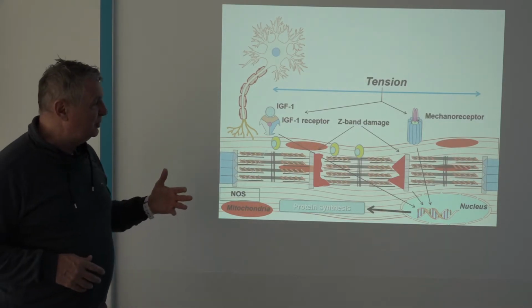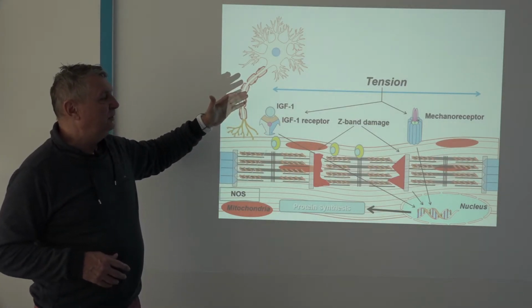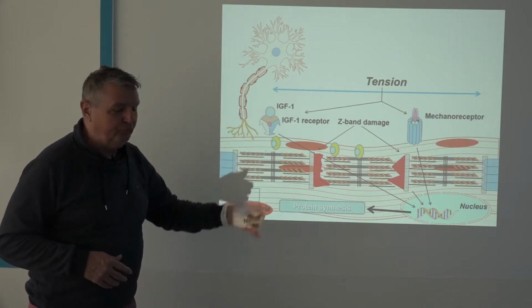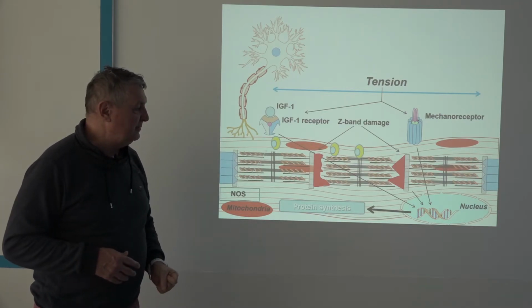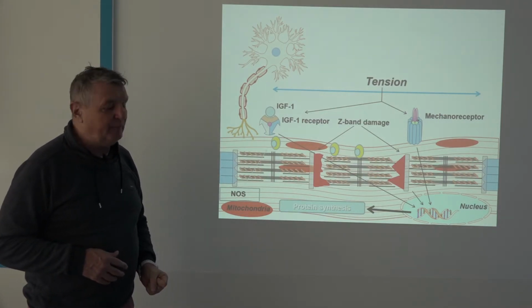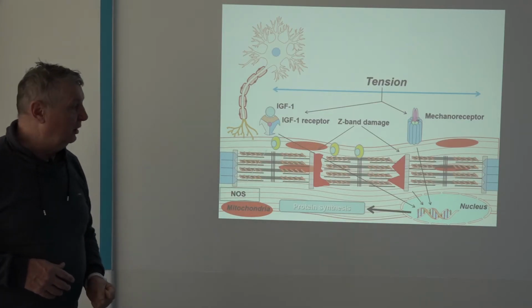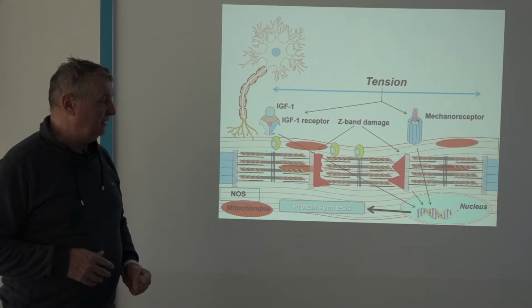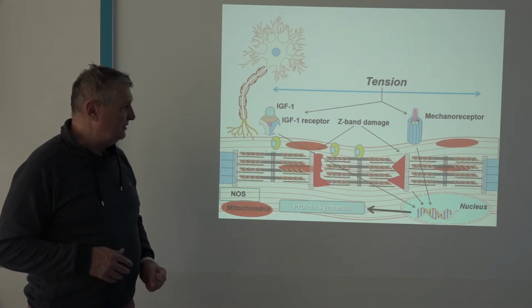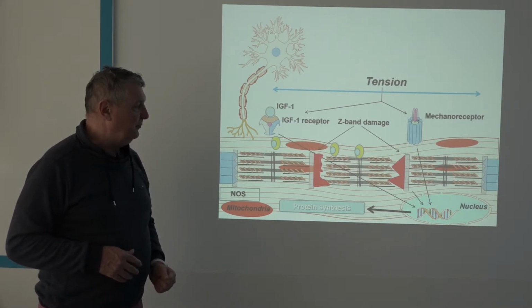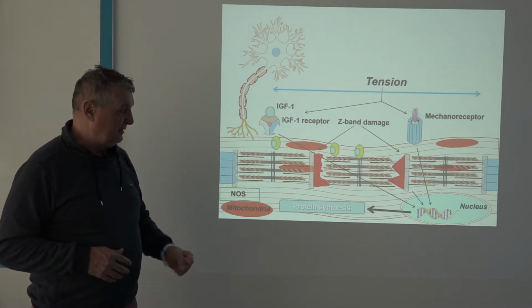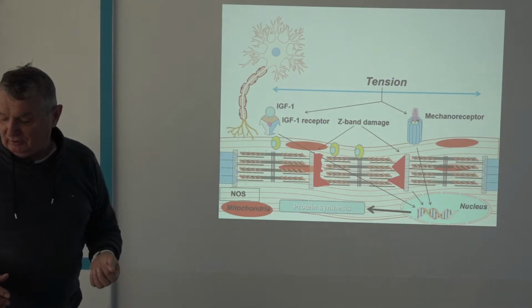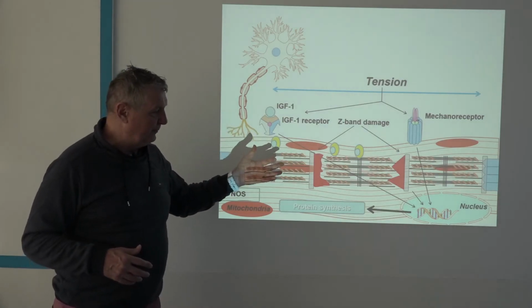To our knowledge, the best loading to achieve this kind of cellular response is about 70–80% of the one repetition maximum, and about 7 sets and 7 repetitions per set. So this could generally be the best way to achieve muscle hypertrophy.